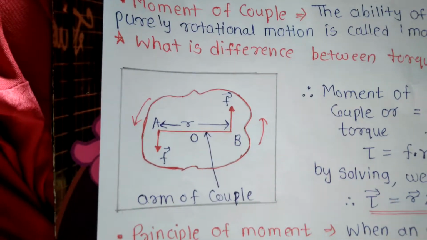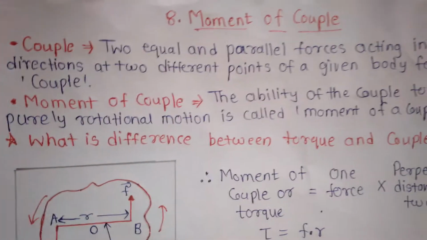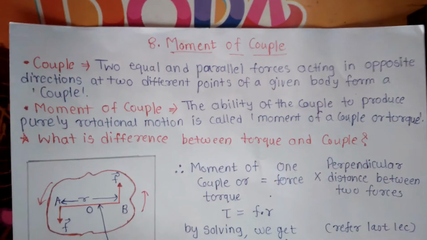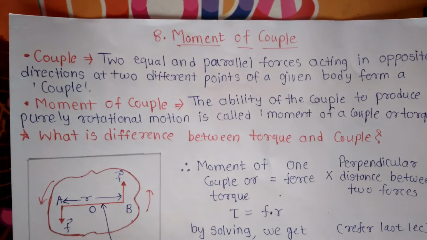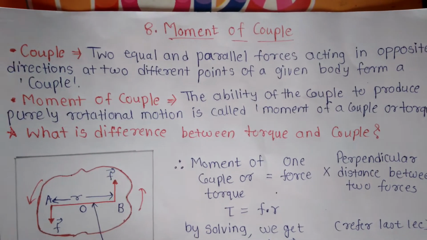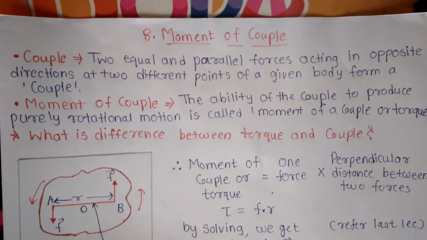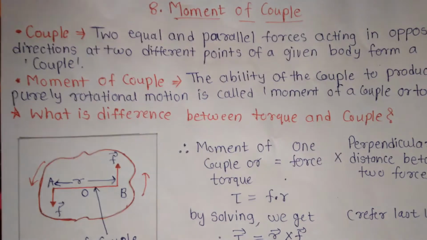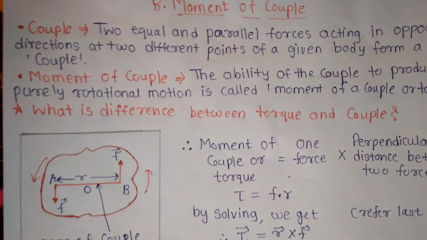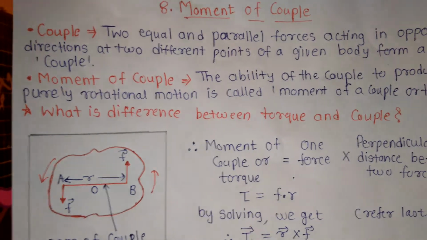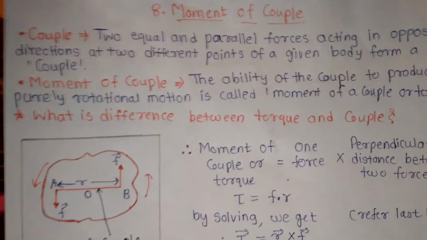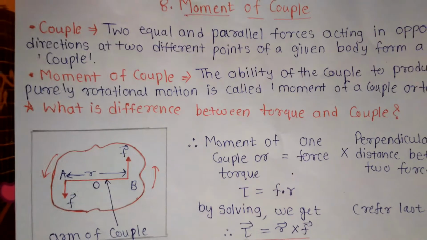Okay, next point is moment of couple. The ability of the couple to produce purely rotational motion is called moment of couple or torque. In the last lecture we saw moment of force, so this is somewhat similar to that point.